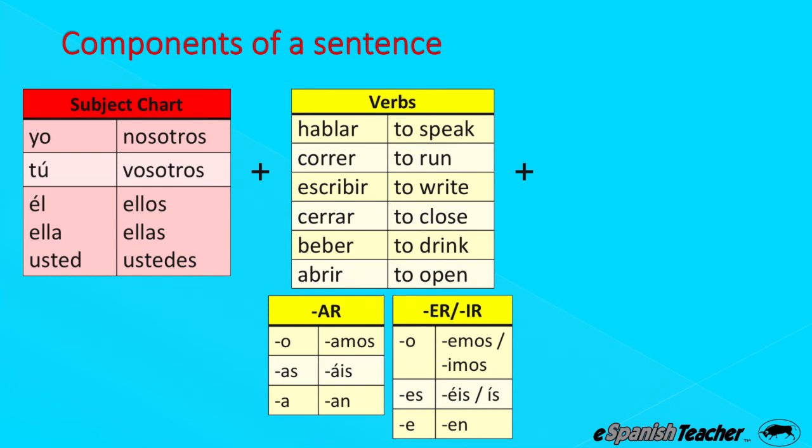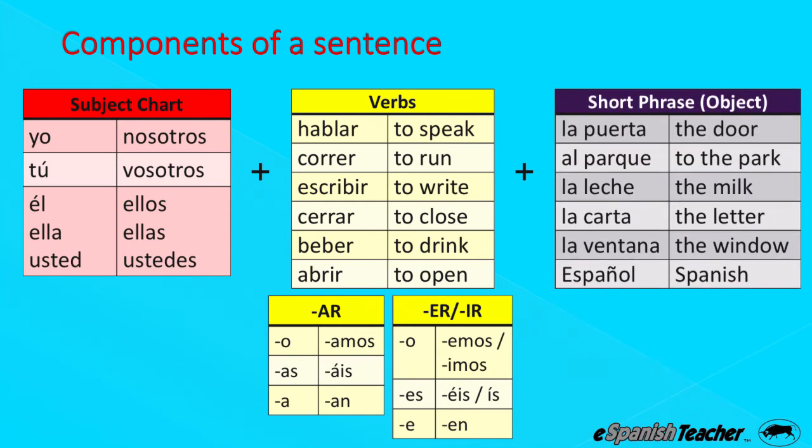These are verb infinitives that would need to be conjugated according to the conjugation charts here at the bottom, the AR or the ER/IR conjugation charts. And finally, the last component of a sentence is the short phrase at the end. You could call that the object, but it's a short little phrase at the end that really completes the sentence.